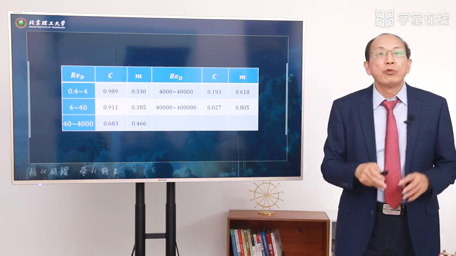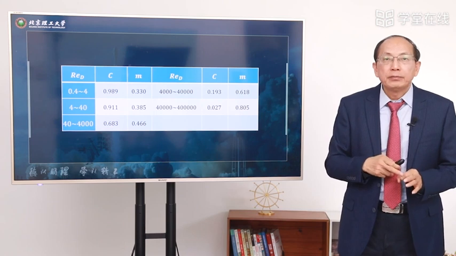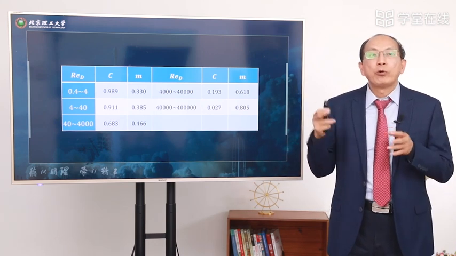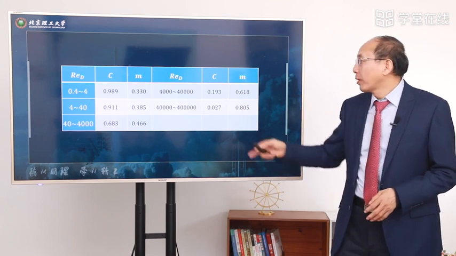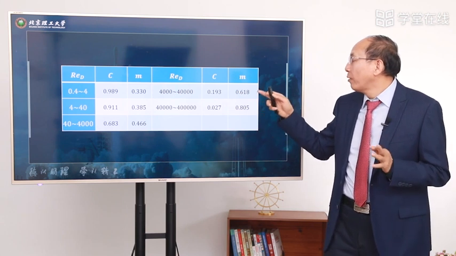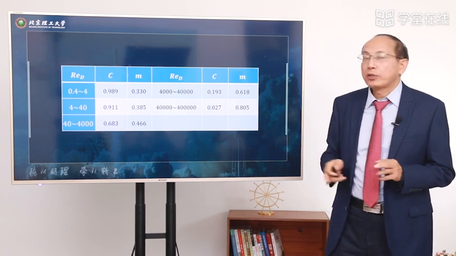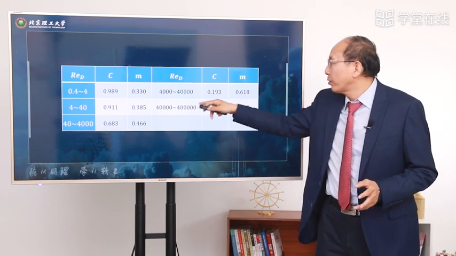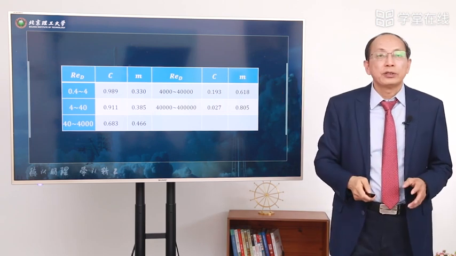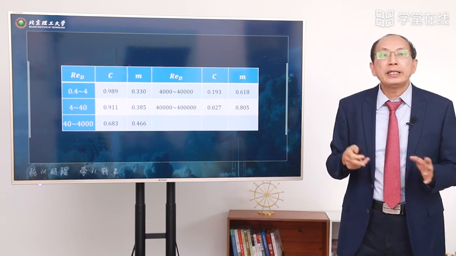In this table, we can check C and m for different ranges of Reynolds number. For example, 4,000 to 40,000, a different range, we obtain different C and m. We can check the table to find C and m.